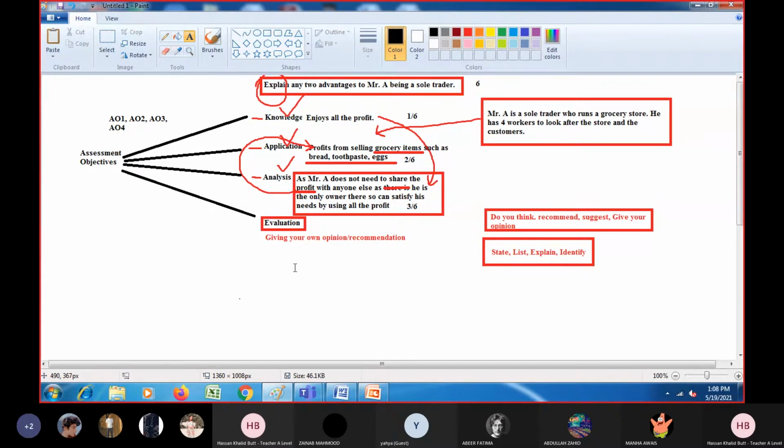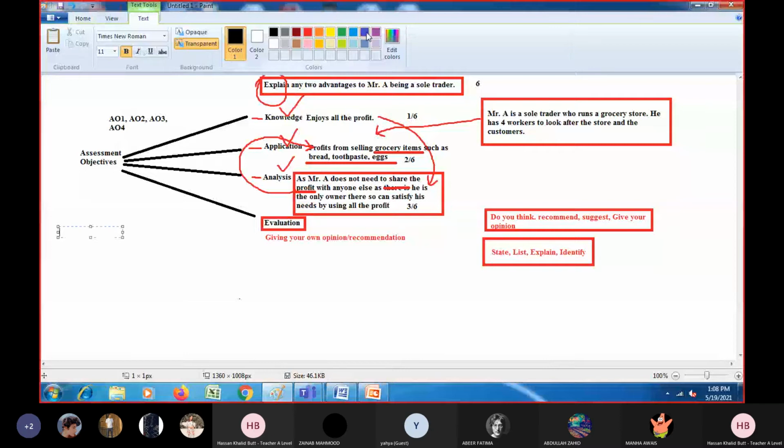Okay, now we'll talk about evaluation. That is the fourth assessment objective which is required to be met. But remember, this is not available in every question. Let me write the question there just to give you a hint.